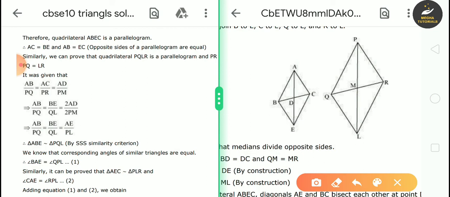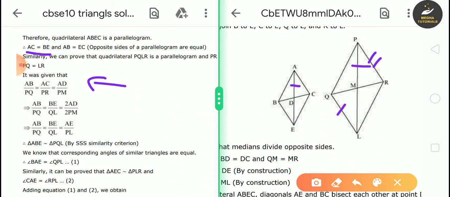Now it was given that AB upon PQ is equal to AC upon PR is equal to AD upon PM. Now you can write AB upon PQ is equal to BE upon QL because AC is equal to BE and PR is equal to QL. Okay, therefore in place of AC upon PR you can write BE upon QL, and also AD upon PM, AD and PM are half of AE and PL.